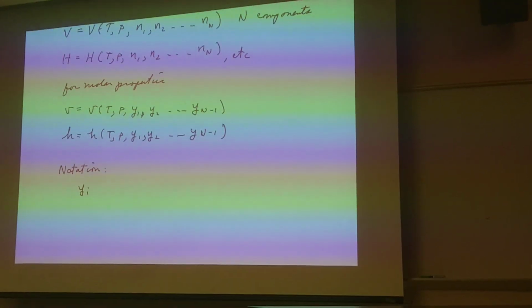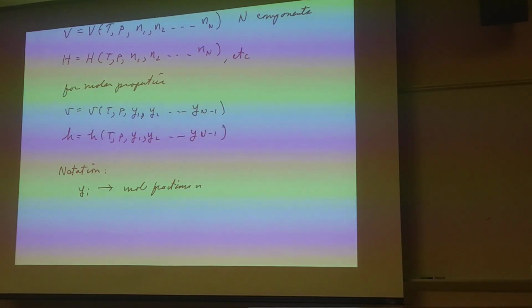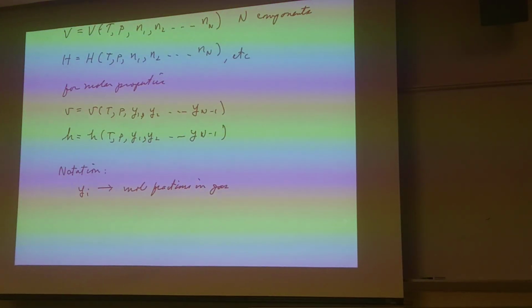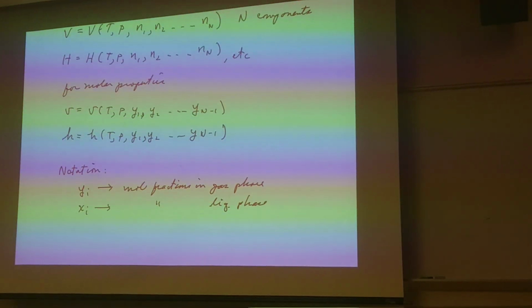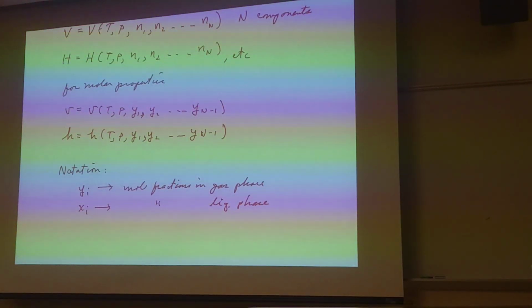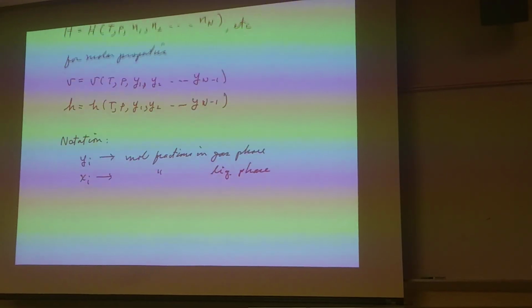I'm going to use Y's for mole fractions in a gas phase, and use X's for mole fractions in a liquid phase. And if I don't know what phase it is, I'll use X. But this is the general notation.